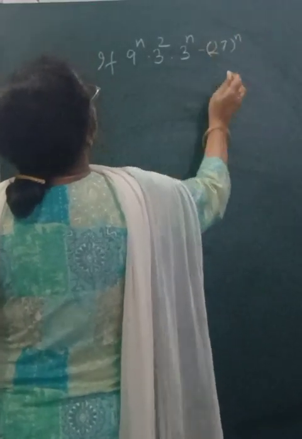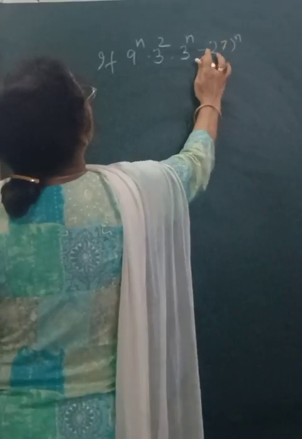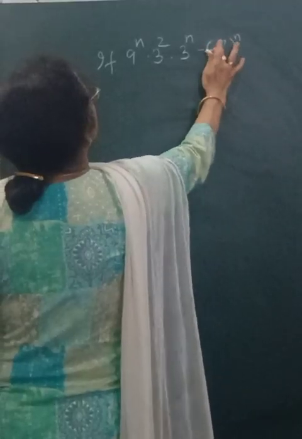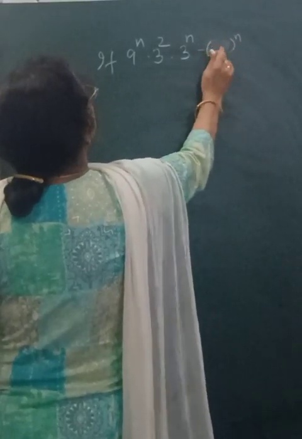This is 27, 27 to the power n. Okay, this is 27, inside this bracket it is 27.